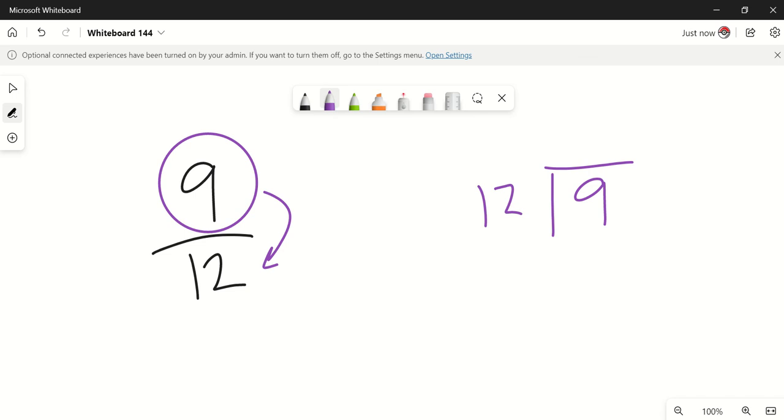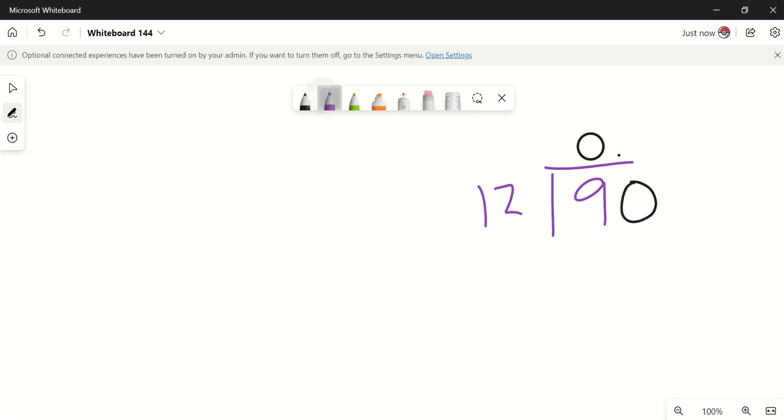Now, we've done this last chapter where we have decimals as answers. 12 won't go into 9, so I'm going to put a 0. I'm going to put a decimal, and now I can annex as many zeros as I want. I'm going to guess and check and say 12 will go into 90, let's say 6 times. Maybe a little short here. 6 times 2 will be 12, carry the 1. 6 times 1 is 6 plus 1 is 7.